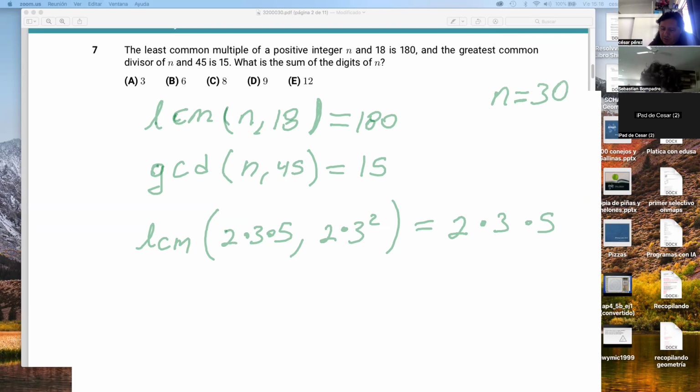We need to use the greater of the powers. Vamos a usar la potencia más grande de cada uno. 2, 3 al cuadrado y 5 a la 1. This gives 90.